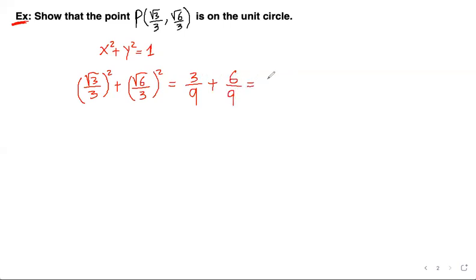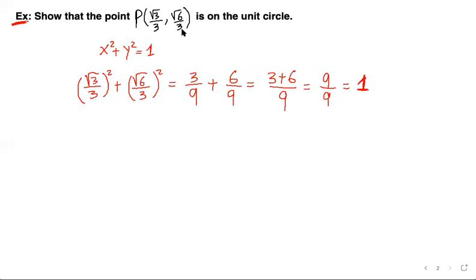And 3 plus 6 over 9 gives me 9 over 9, which is 1. This means the point is sitting on the unit circle because the answer is 1. Any question?